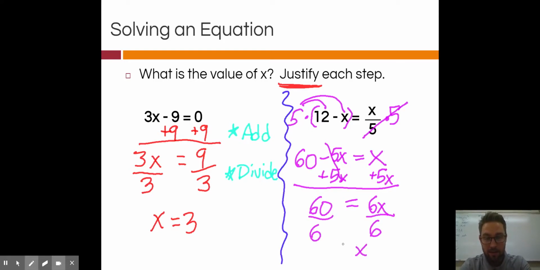And x equals 10. So to recap on those steps, we multiplied, and I'm running out of a little room there. Then we added, and then we divided.